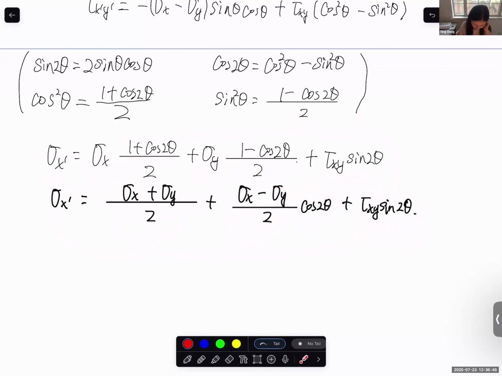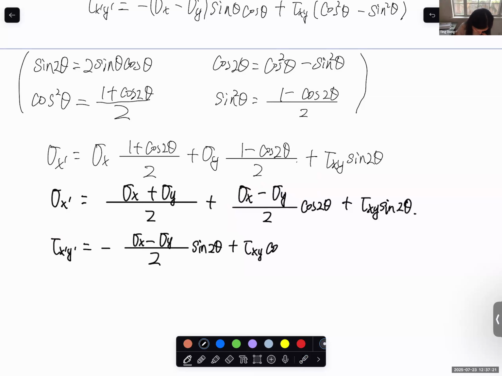So now for tau x prime y prime, we have negative half of sigma x minus sigma y sine 2 theta, plus tau xy cosine 2 theta.